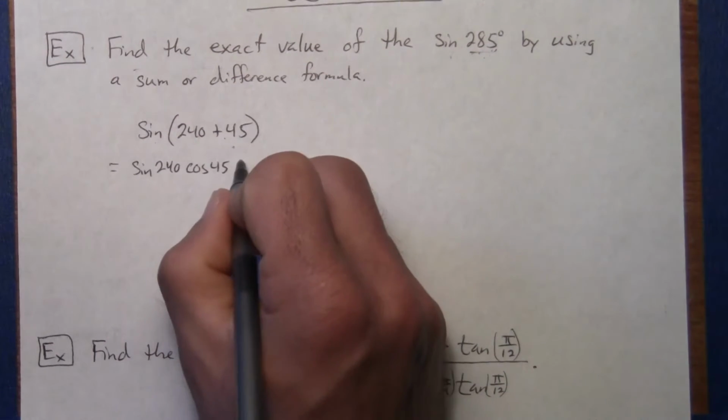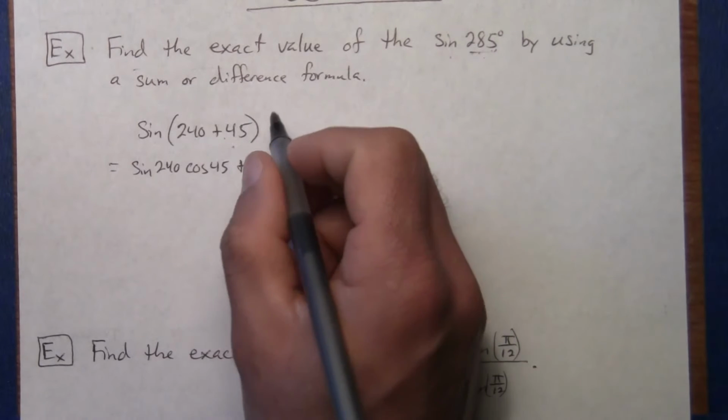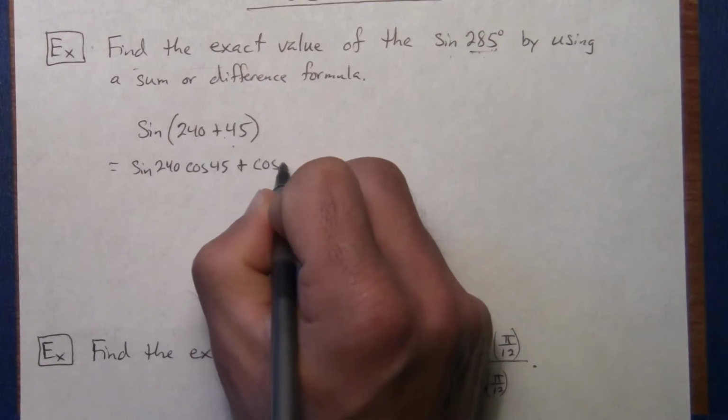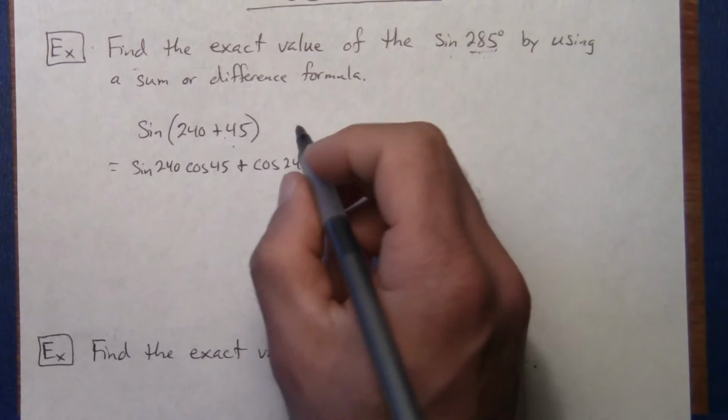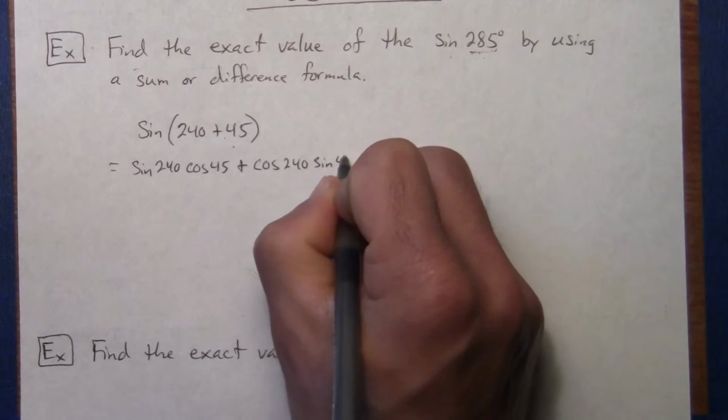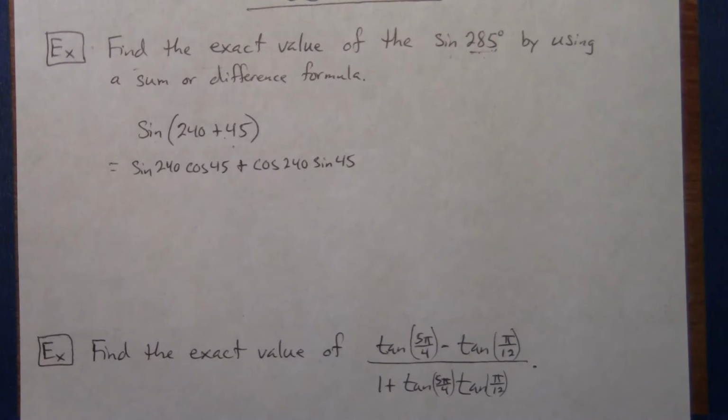Then for that identity, it's plus the cosine of the first angle, so cosine of 240, times the sine of the second angle, so times the sine of 45. So you've got 6 different formulas that you'll have to try to remember, or eventually when you get to the test you'll have a note card or a sheet that you can write all these on.